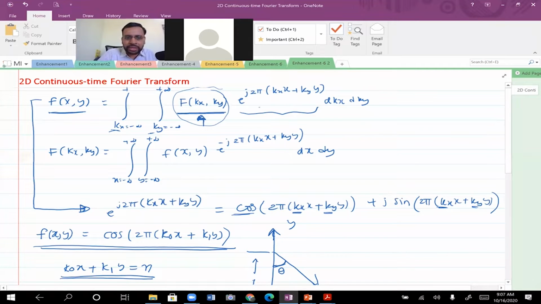Here e power j 2 pi kx ky is what you have, and for particular values of kx and ky you have that F of xy in the example we have taken. You essentially need to get rid of this function. That's why its value is there at k naught and minus k naught, so that e power j 2 pi and e power minus j 2 pi get cancelled, and it gets multiplied by twice. That's what gives you the half there, right?